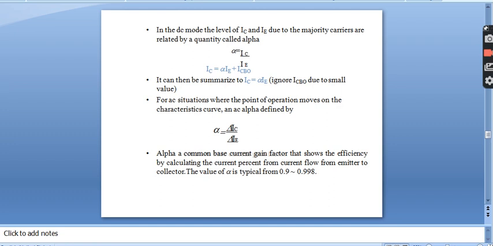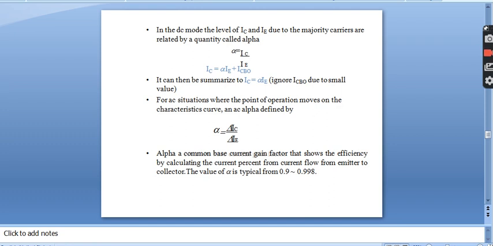In the case of DC mode, alpha is equal to the ratio of collector current to emitter current. Now in the case of AC, when we apply AC voltages, the point of operation moves on the characteristic curve, and AC alpha is defined as the changes in collector current to the changes in emitter current.